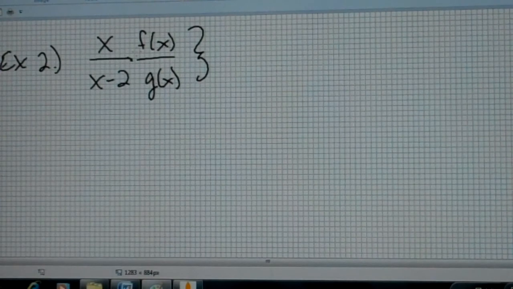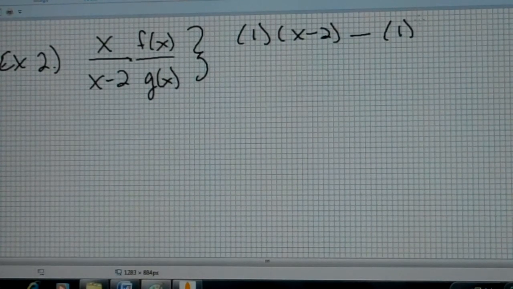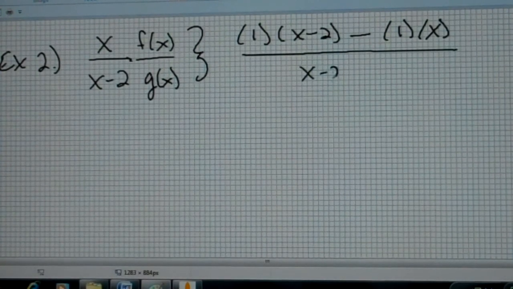So this one's going to end up being, the derivative of x is just 1, so we do 1 times x minus 2 minus our 1, because on the bottom we have just the derivative of x as well. So it's going to be 1 minus x all over x minus 2 squared.